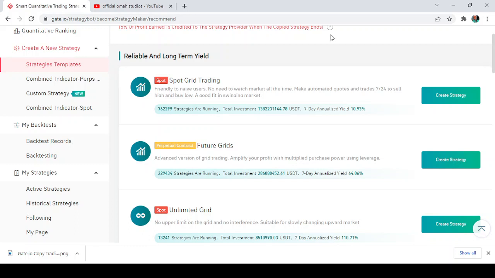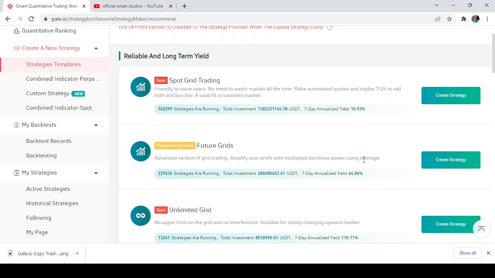So now the next one here is futures grid. So what is a futures grid? Basically it says here: advanced version of grid trading. Amplify your profit with multiplied purchase power using leverage. So it's more like normal futures trading, but it is not.